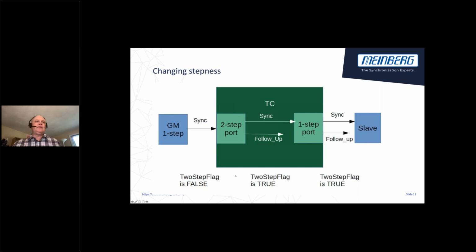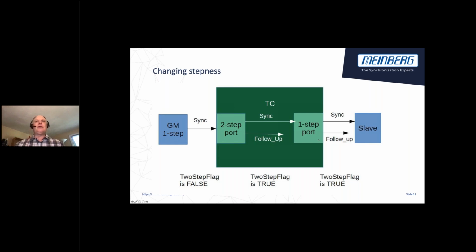So initially the 2-step flag, that's the way it's indicated in the sync message, the 2-step flag is false. There's not going to be a follow-up. Then it gets set to true in the input port of the switch. And it remains true, even though this is a 1-step port, because the rules for 1-step are you usually just operate on the sync message and you ignore the follow-up and just send it through.